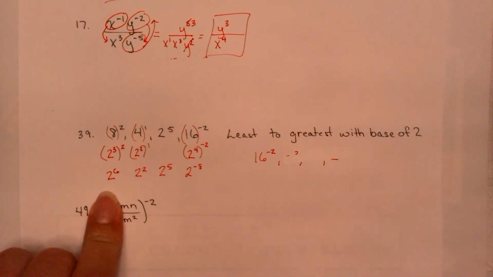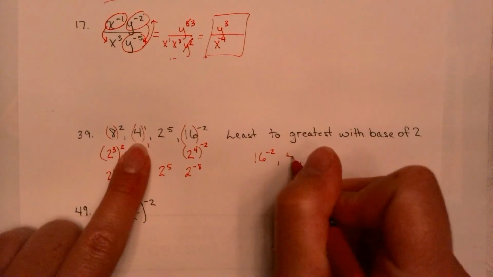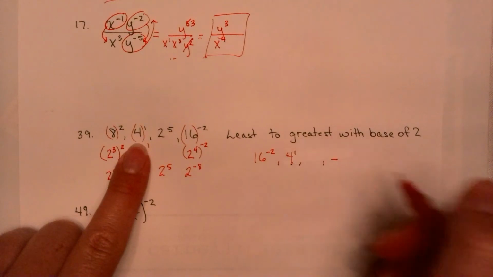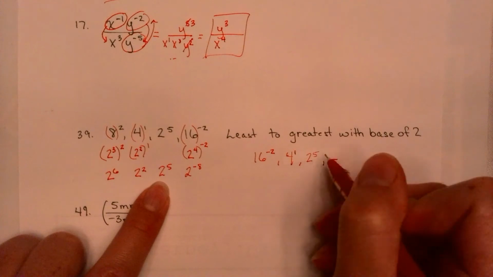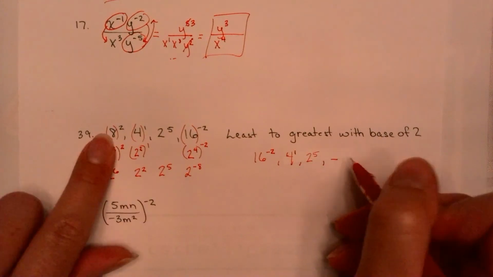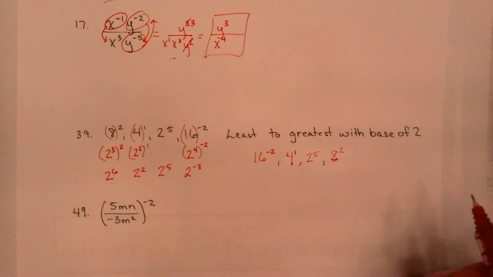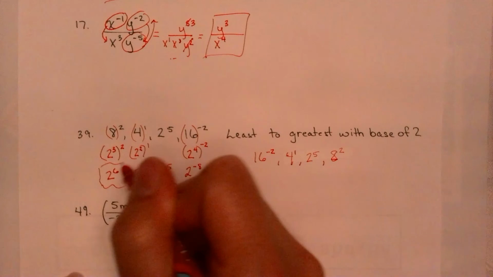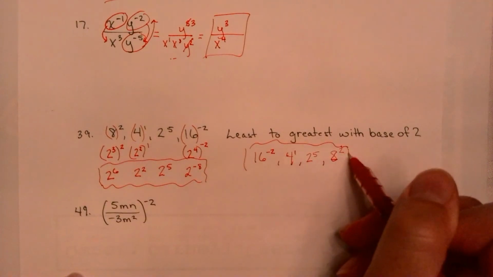All right, so next in line after the negative 8 was 2 squared, which was 4 to the first. I was just saying how you give it back as the answer. So 4 to the first. Okay, 2 to the fifth, that one I could have left. And then the last was 2 to the sixth, which came from 8 squared. Okay, so these were the 2 parts of your answers. Base 2 and least to greatest.